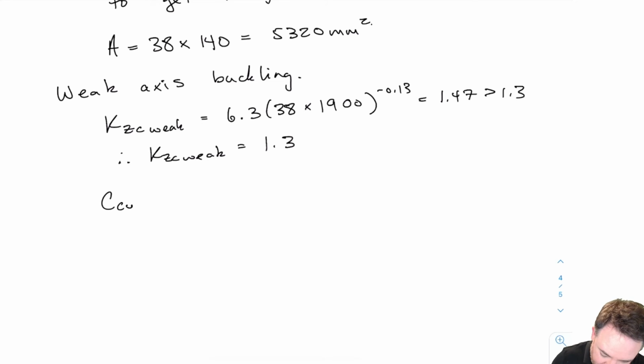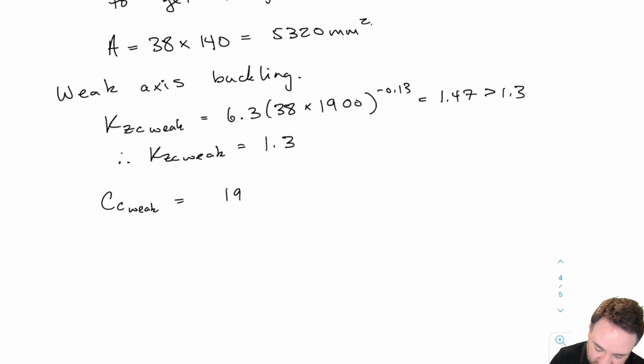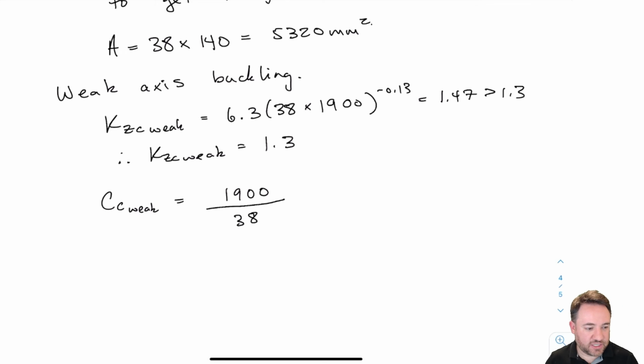So this is the primary place where we're losing all of our strength, because now we have to consider our slenderness for each individual member, and we're not considering it as a solid built-up member anymore. So we're just looking at the slenderness of basically a single 2x. So we have the total length divided by 38, which is the weak axis buckling direction.